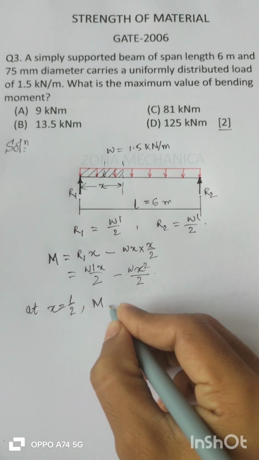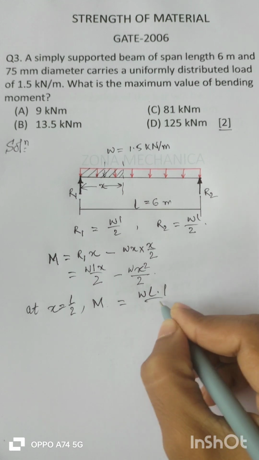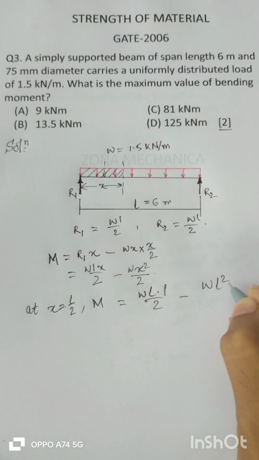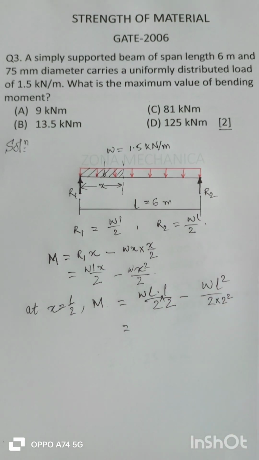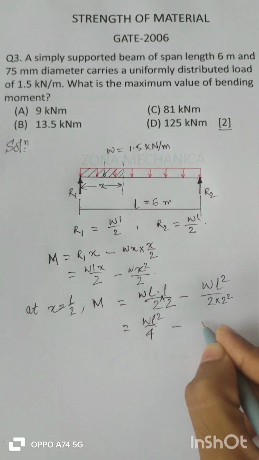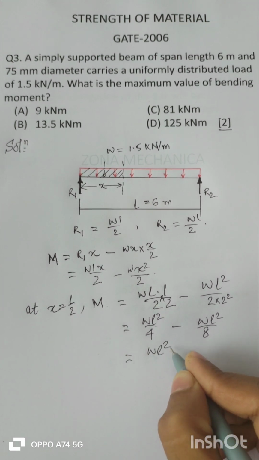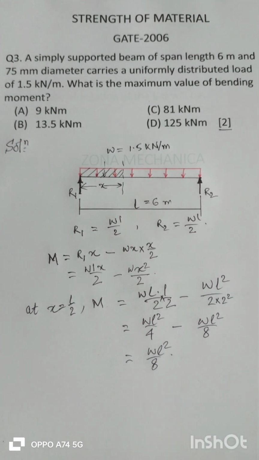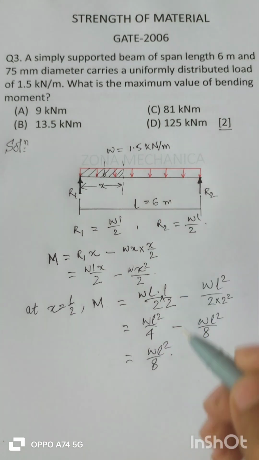So M is equal to W into L into L by 2 minus W into L by 2 whole square, that is into L square by 4 minus W into L square by 8. So that is equal to W into L square by 8. So this is the maximum bending moment in the beam.